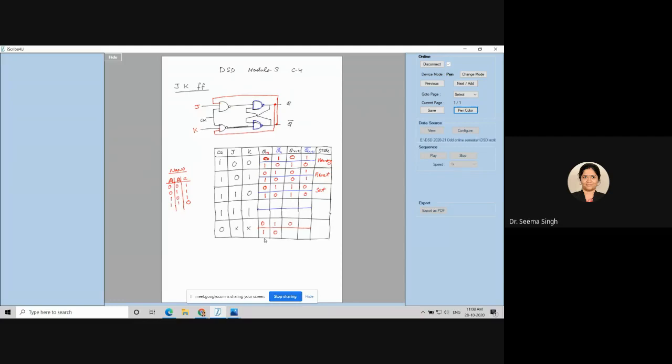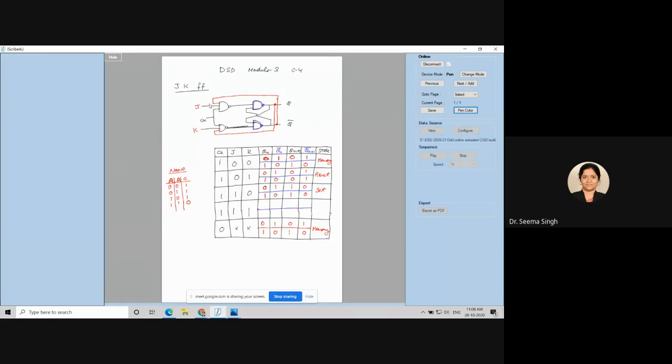If it was 1, it will remain 1, and the complement will also be the same. So it will again be in memory state only. So there are two memory states: when J and K are 0, 0 and when clock is 0. Now the only difference here is this state, which I need to explain in detail. Rest all are the same as your SR flip-flop, so I am not going into detail.